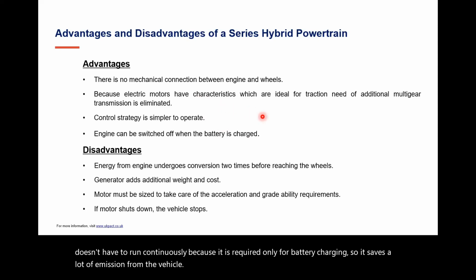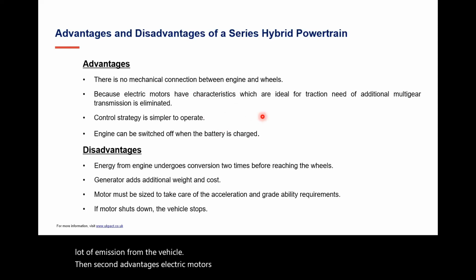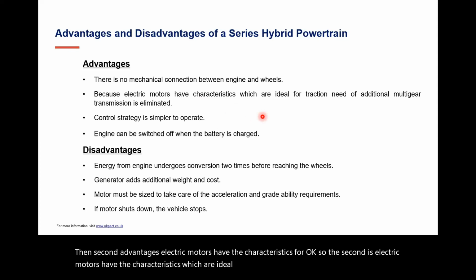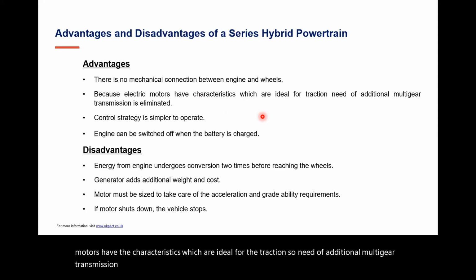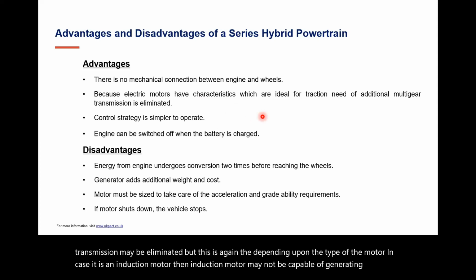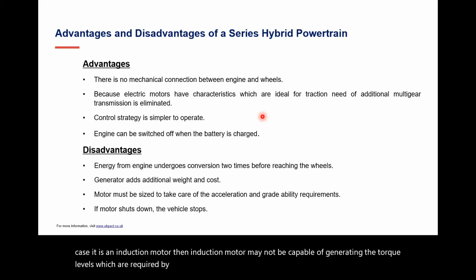The next advantage is that electric motors have characteristics which are ideal for traction, so the need for an additional multi-gear transmission may be eliminated. But this again depends upon the type of the motor. In case it is an induction motor, then the induction motor may not be capable of generating the torque levels required by the vehicle, so it may need a multi-gear transmission in between.